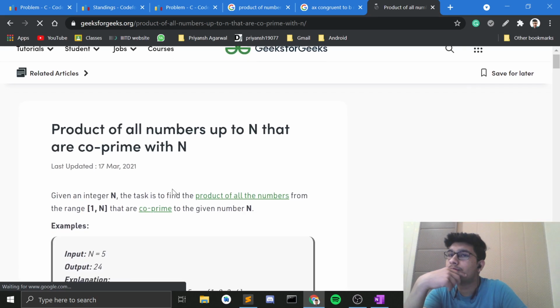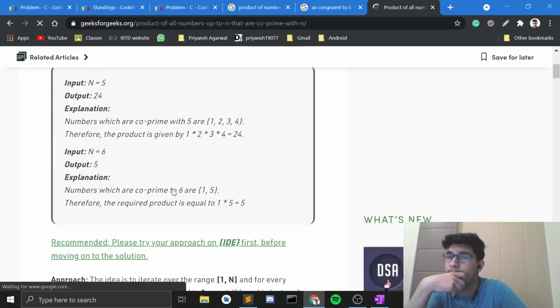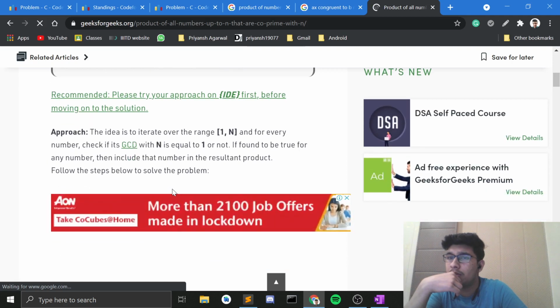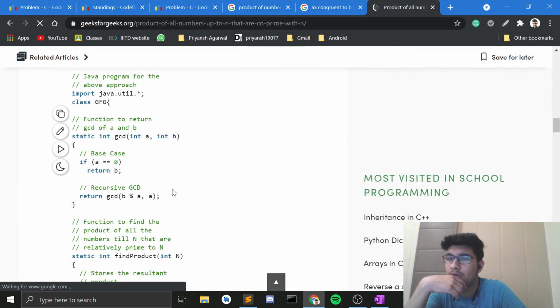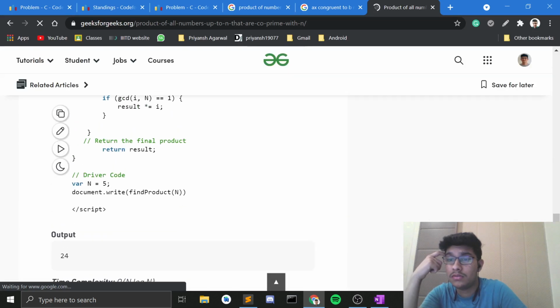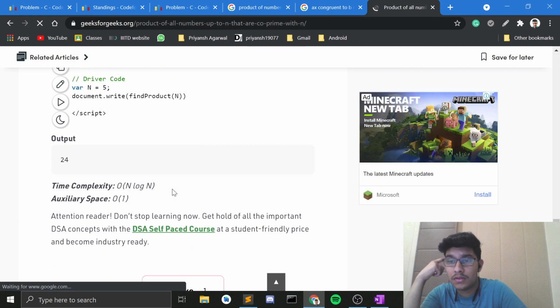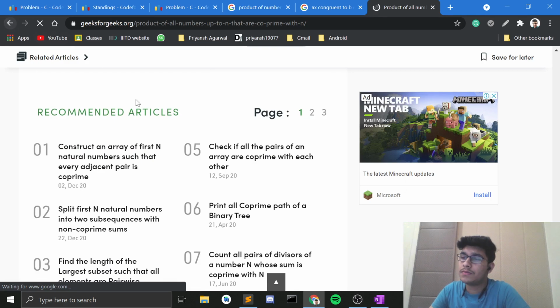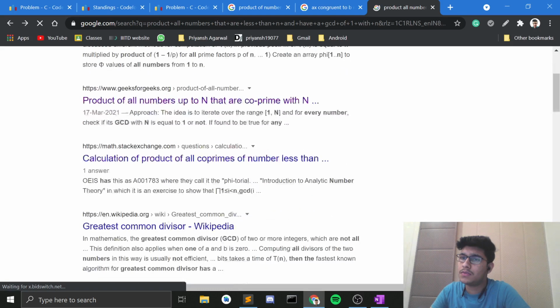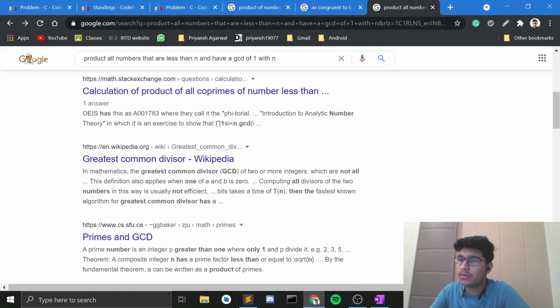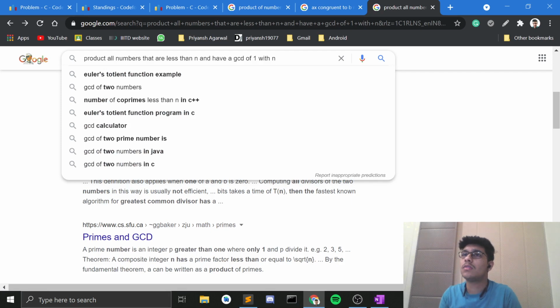Let's see this. That are co-prime with n. So are there some properties here? I think they've just given the code here. No special properties. Product of all numbers.